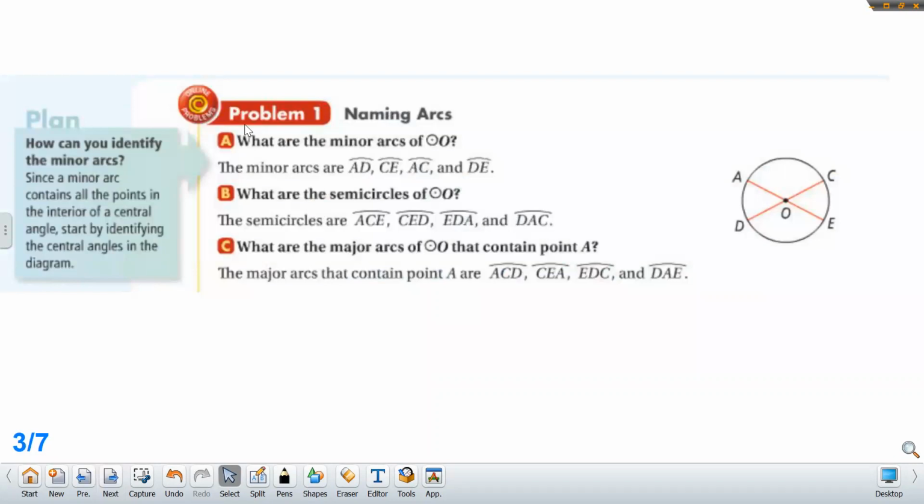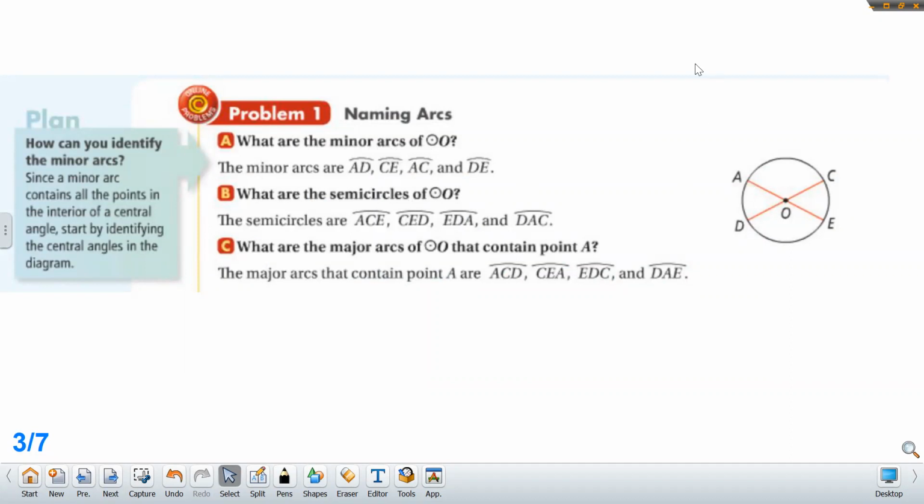Look at the next. The first exercise, problem 1, naming arcs. I need to name arcs: what are the minor arcs of circle O? Minor means looking for the smaller one.